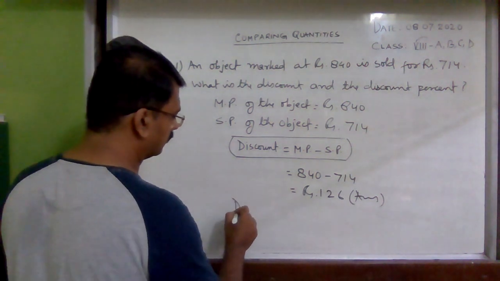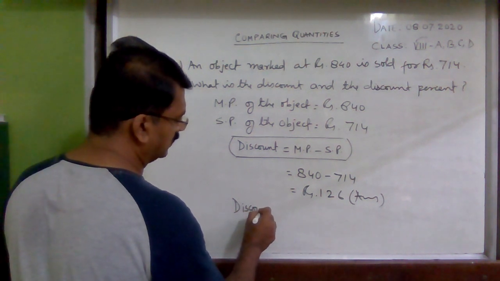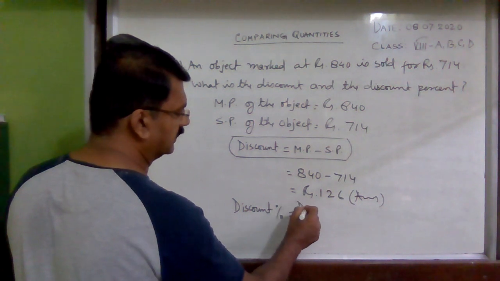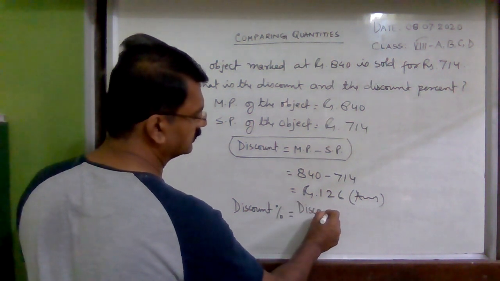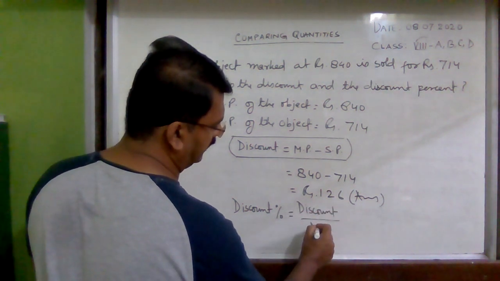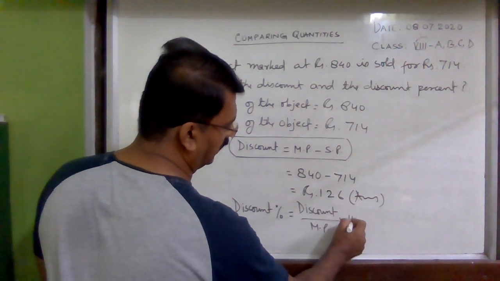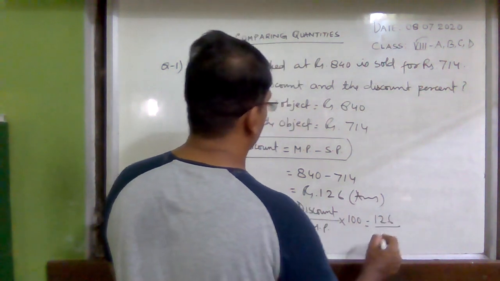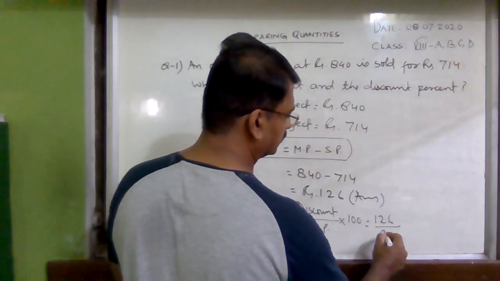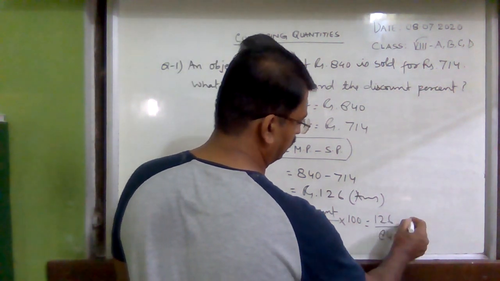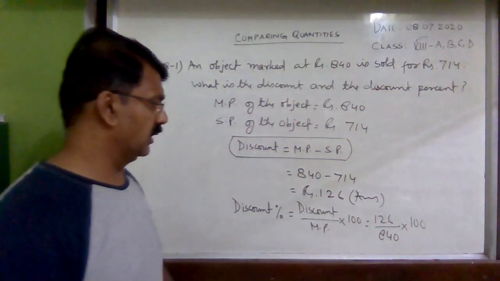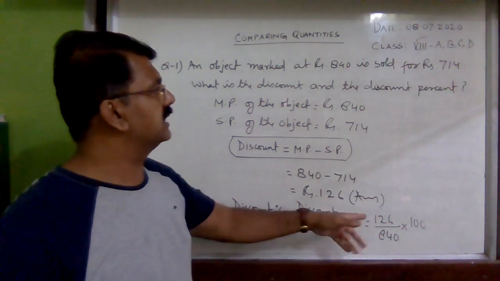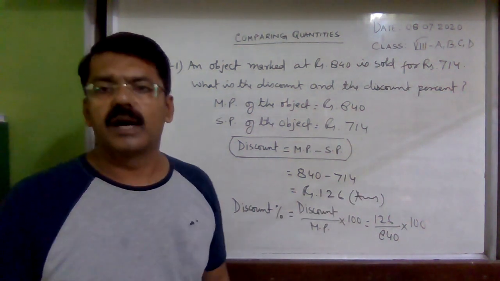Now discount percent will be equal to discount upon marked price into 100, that is 126 upon 840 into 100. Because the discount we have just calculated is 126 and the marked price is 840, into 100.